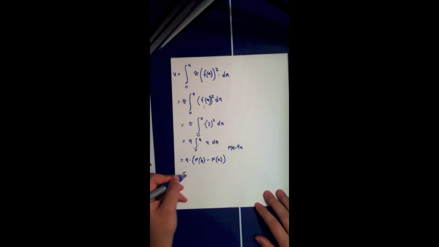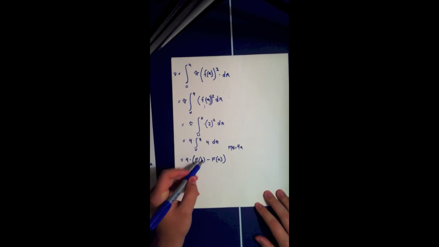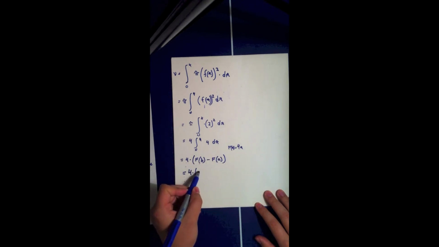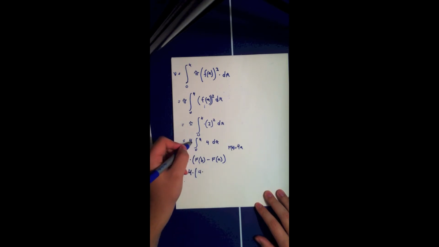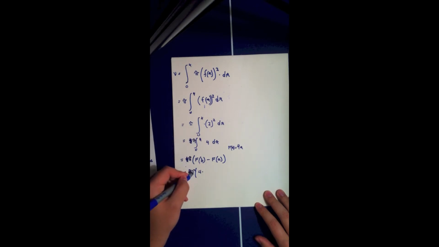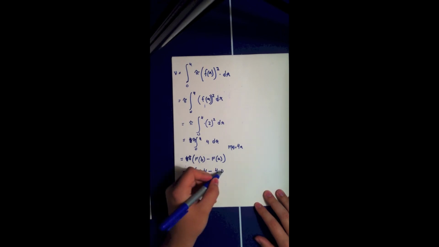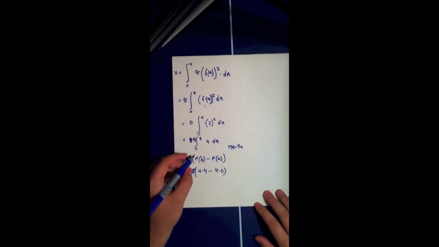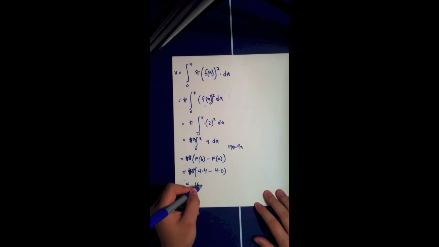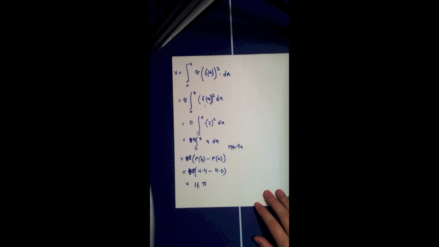So that's pi times 4 times 4 minus 4 times 0. Sorry about that, I forgot to write pi. Then we just substitute in, and what we get here is 16 pi, exactly what we got before.